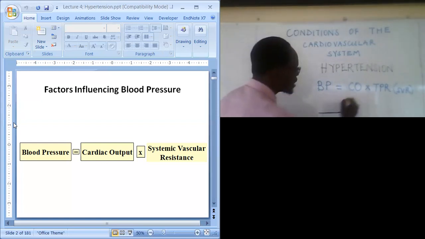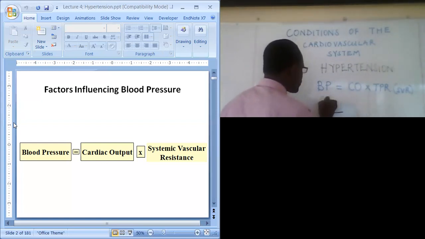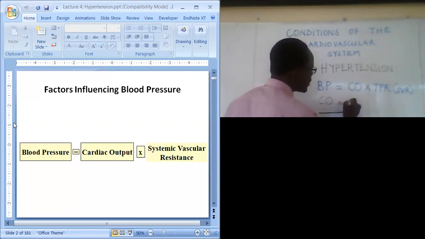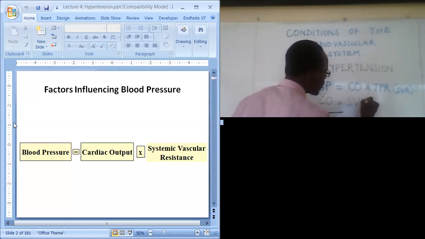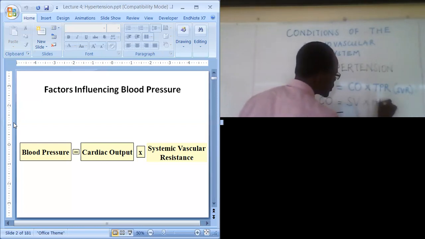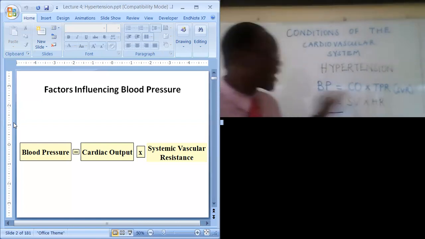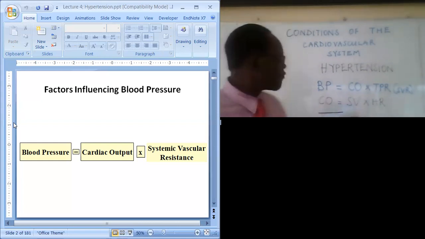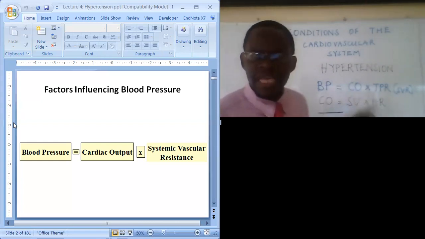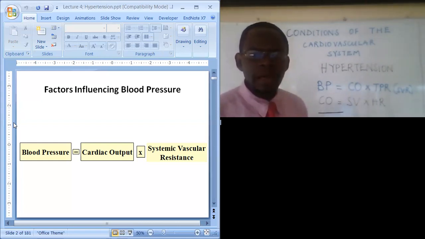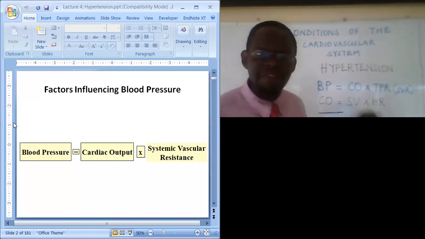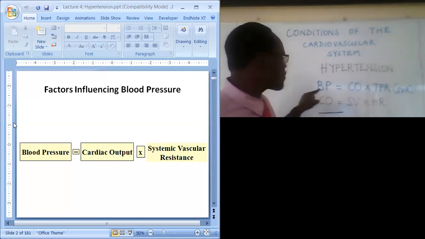So cardiac output is determined by the stroke volume times the heart rate.